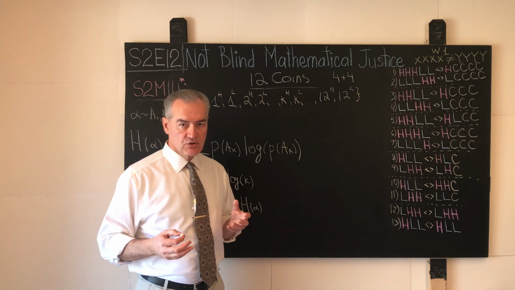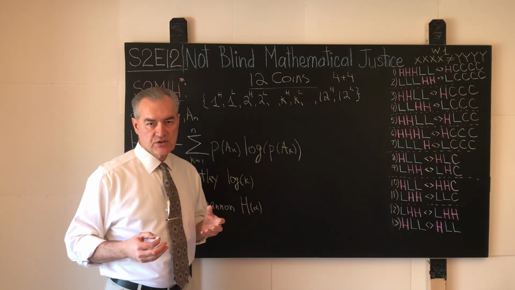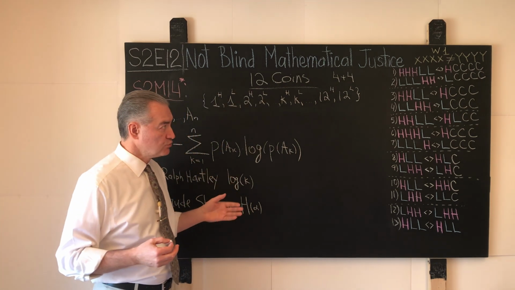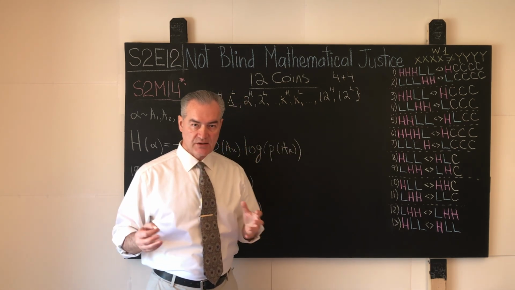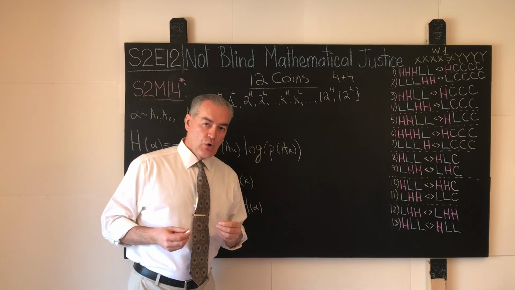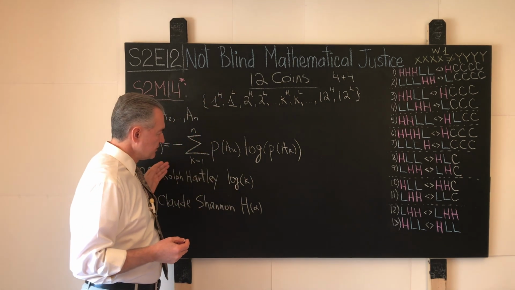So how can the notion of information entropy help us over here and put all our combinatorial work on a solid theoretical footing? Well, the idea here is the following.